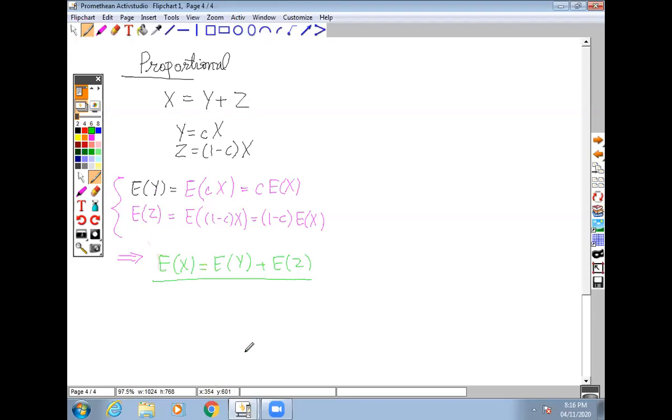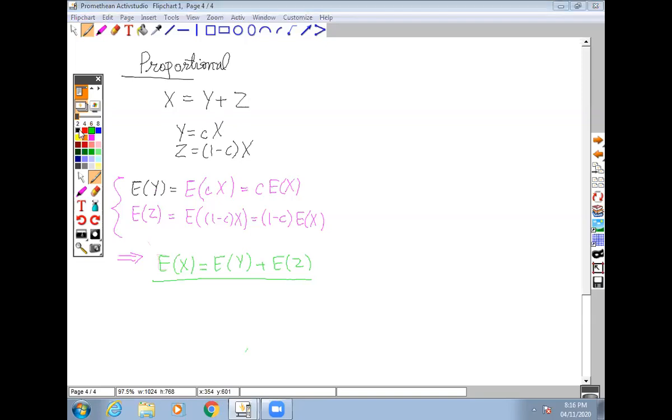Can I write that my expectation of X is also equal to the expectation of Y plus the expectation of Z? Yes, ma'am. Yes. So, okay, that's it.